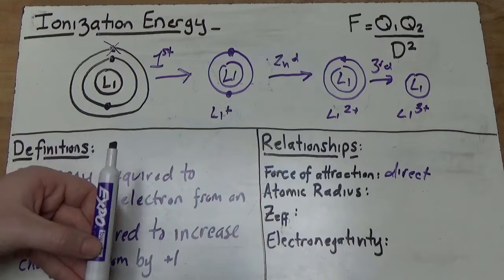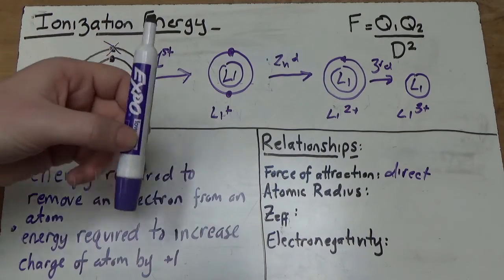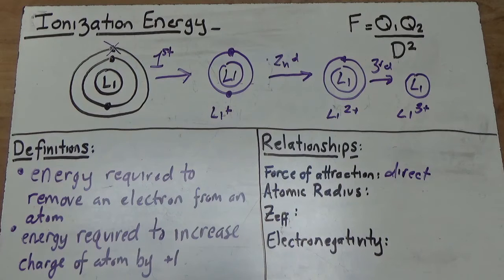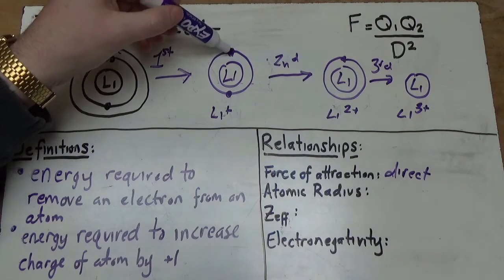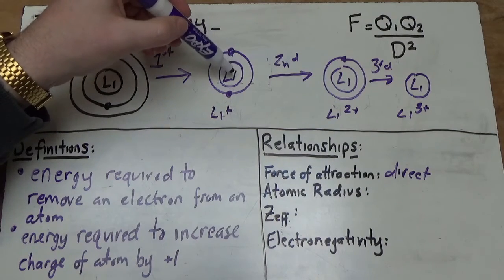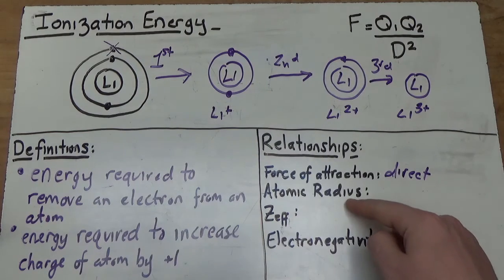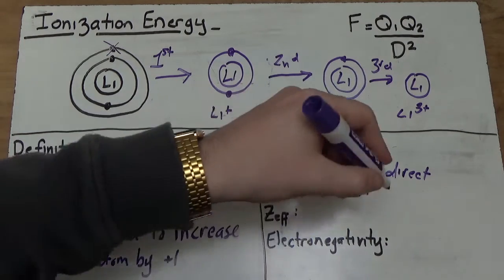If ionization energy goes up, it's because force of attraction also went up. What about atomic radius? This is inverse. If the electrons are on lower energy levels, then they're going to be harder to remove. So as the radius goes down, the ionization energy goes up.